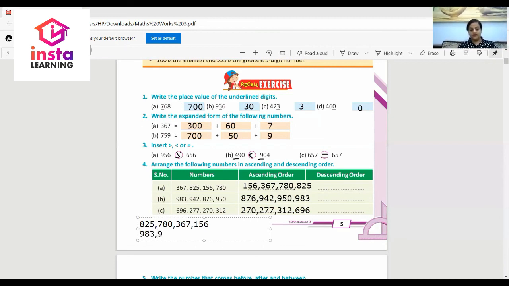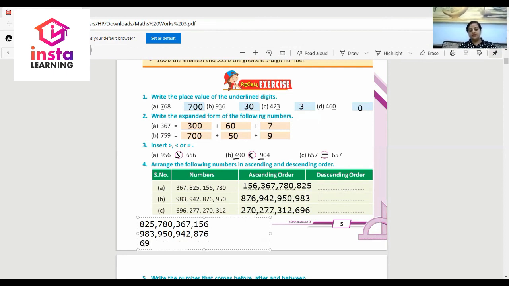Then 950, the smaller one. Then 942, the smaller one. Then the smallest one is 876. This is known as descending order, just opposite to ascending order.